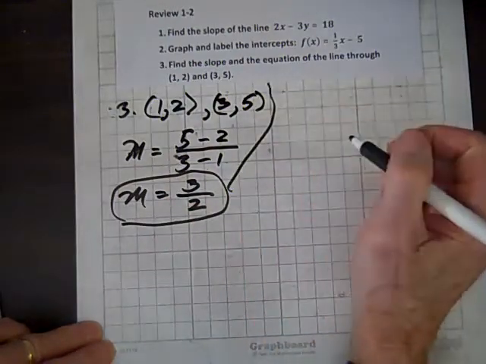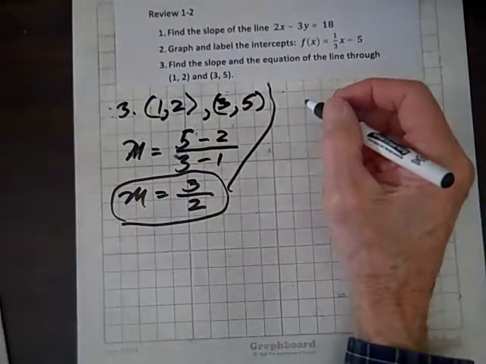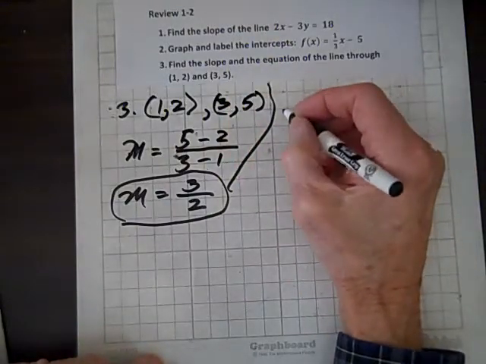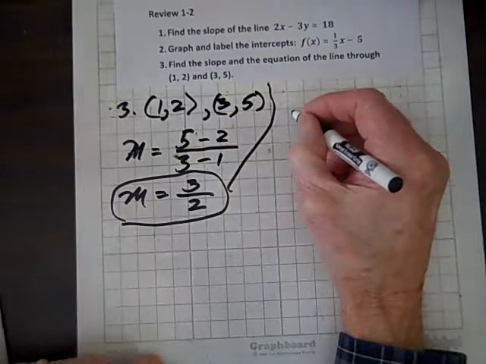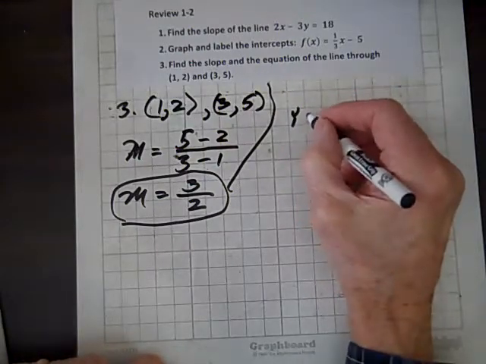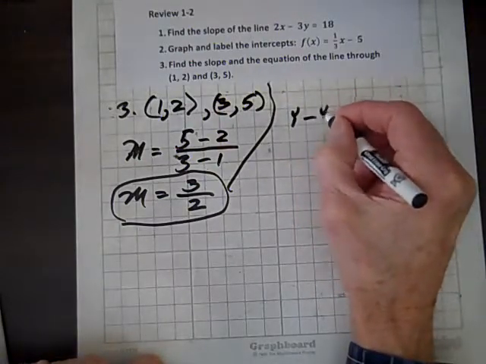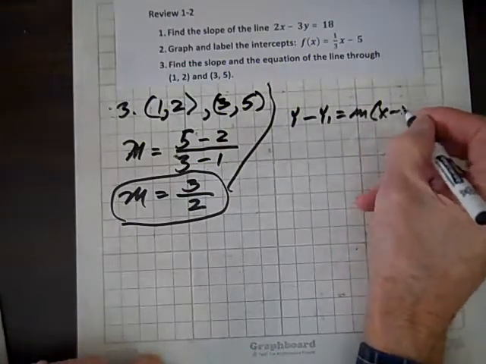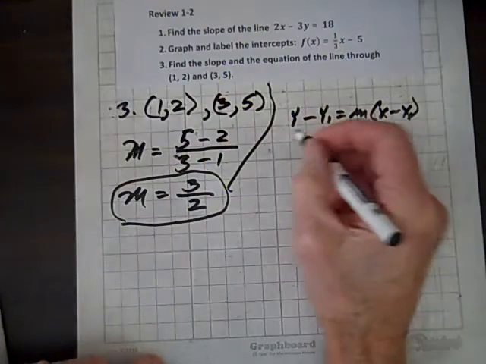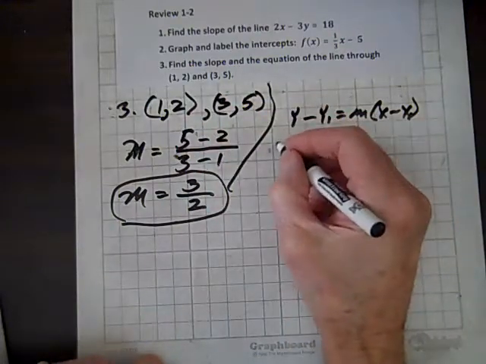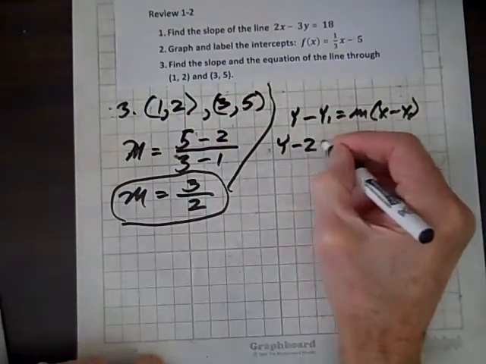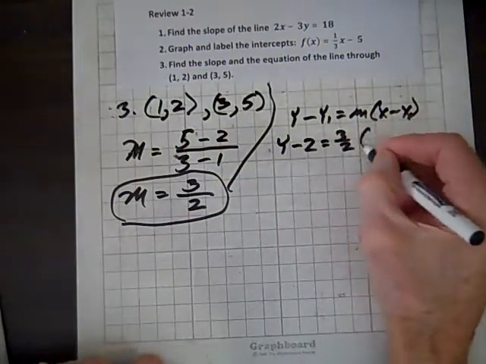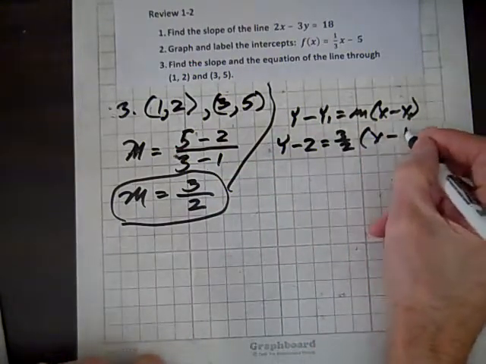Now let's do the point-slope form of the line. And we can choose either point. By the way, the form is y minus y sub 1 equals m times x minus x sub 1. So I'll use the ordered pair 1, 2. So y minus 2 equals 3 halves times x minus 1.